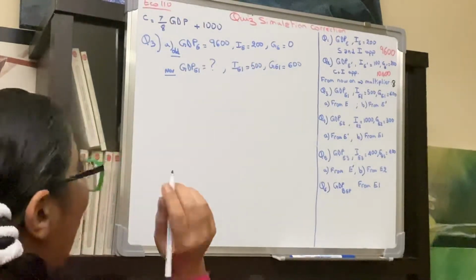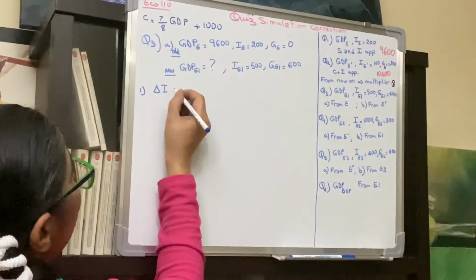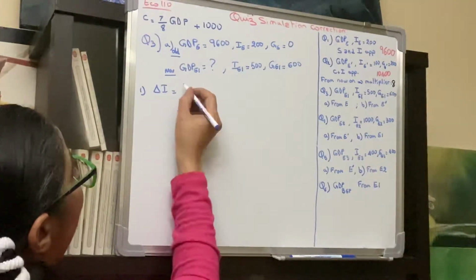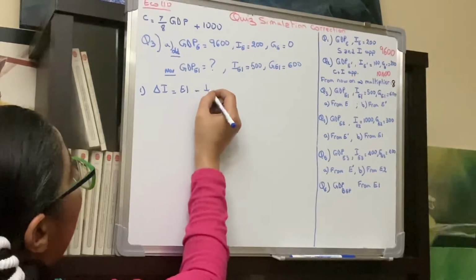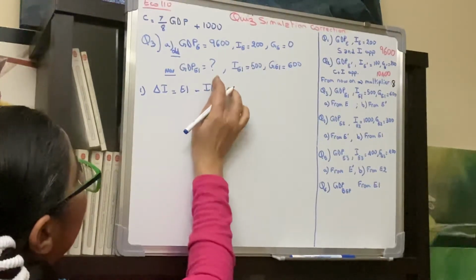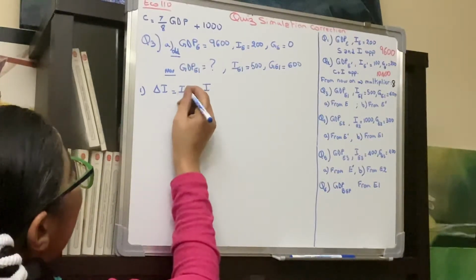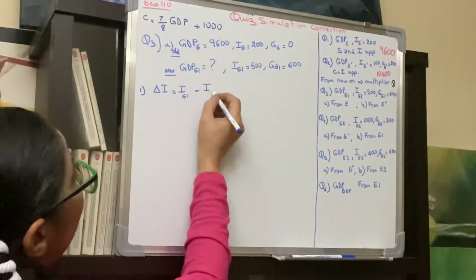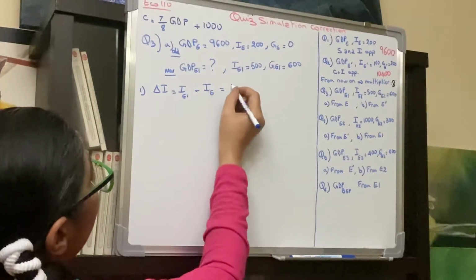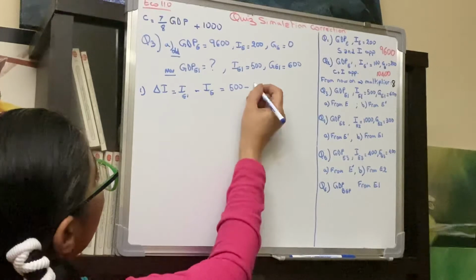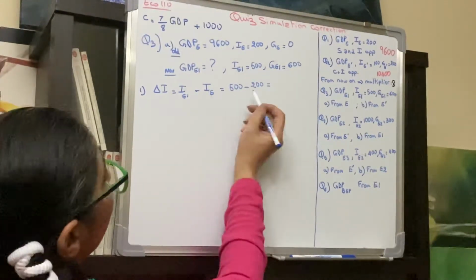Okay? So first step, delta I is equal to I at E1, the new one, minus I at E. I at E1 minus I at E, which is equal to 500 minus 200, which is equal to 300.